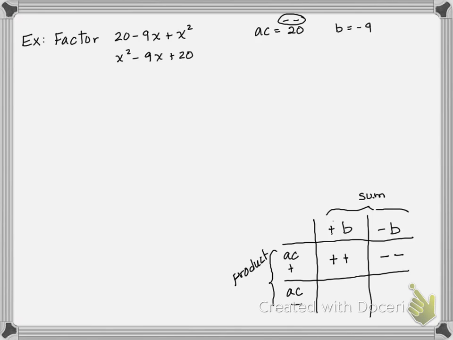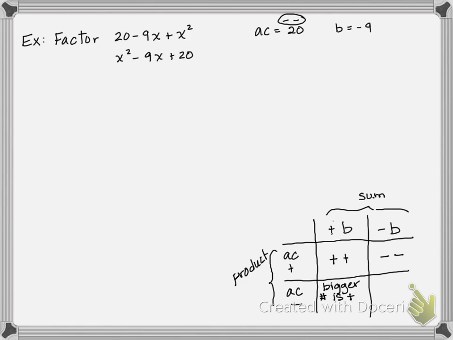And then if AC is negative, then they have to have opposite signs. If they add to a positive, the bigger number is positive because it has to outweigh the smaller number, right?